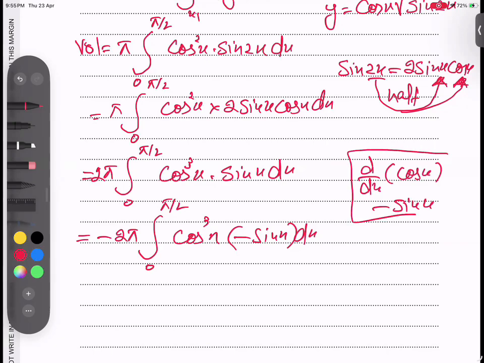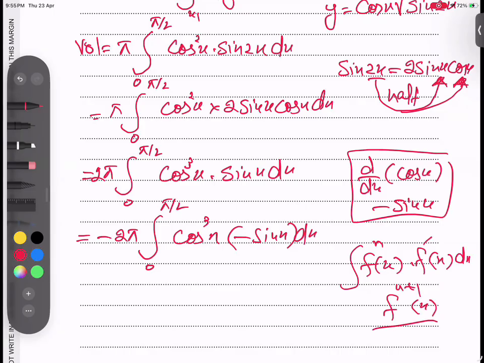So we are looking inside sine because the formula which I'm going to apply now is this: the function inside has a power and its derivative is also there. What we do is increase the power by 1 and divide by the same. And the derivative will eliminate automatically.